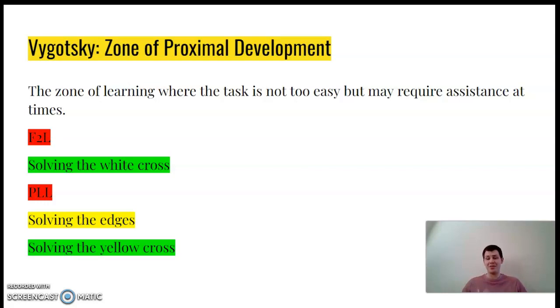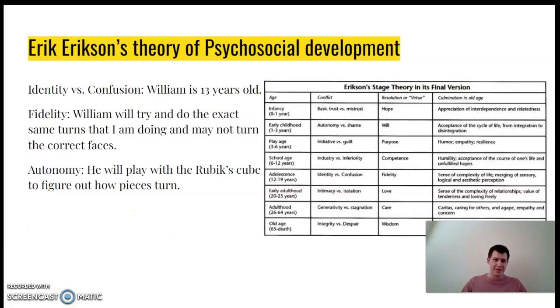It's something that I'm still working on myself. Solving the edges. That's something that should be very easy, just from what I would say. Solving the yellow cross. That's easy enough and something that is important.